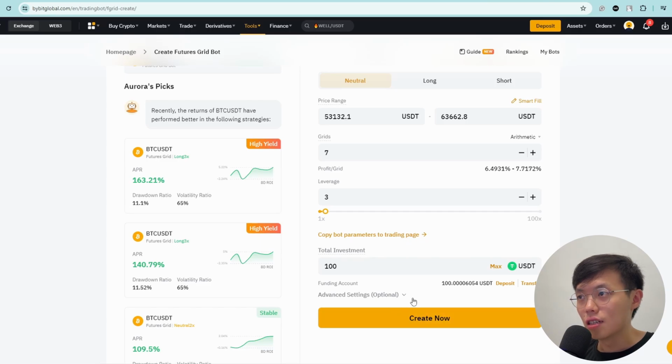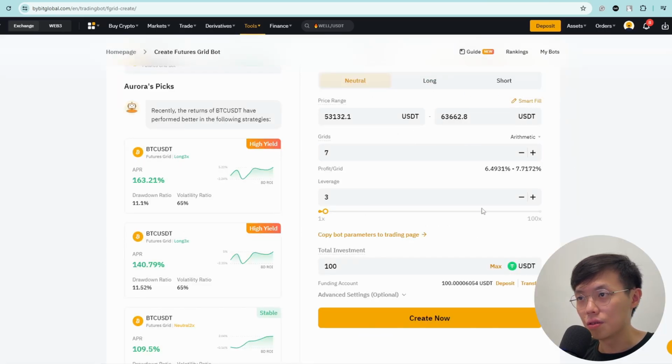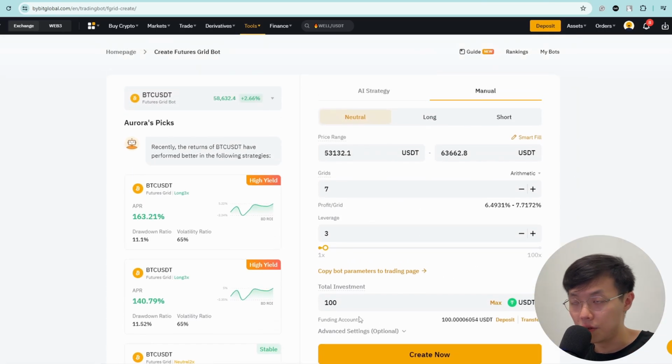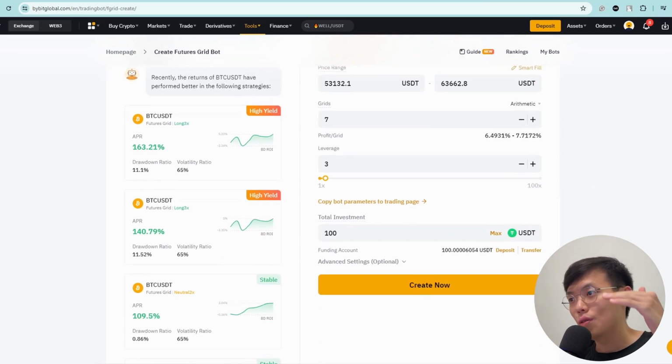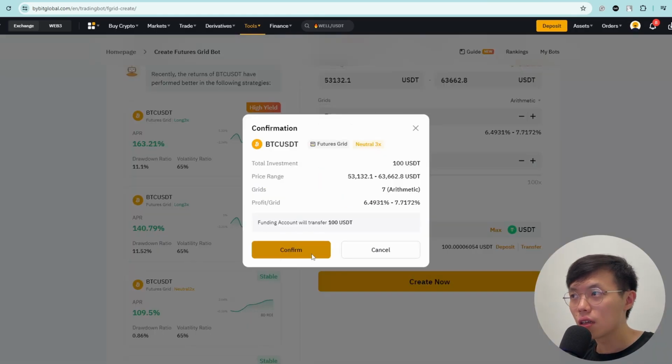All right, so let's try opening now. Let's see what will happen. The funding account will transfer 100 USDT, total investment. It creates 7 arithmetic grids, and then shows the profit for each grid. Okay, so this is how you can use these grid trading bots, where it will buy and sell at that range. Basically it's automation.